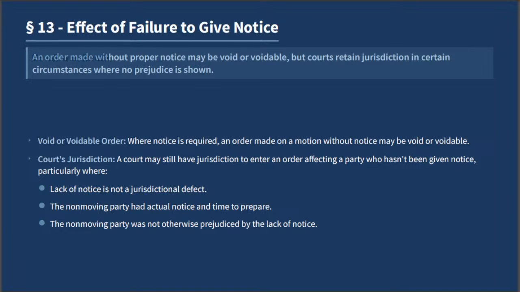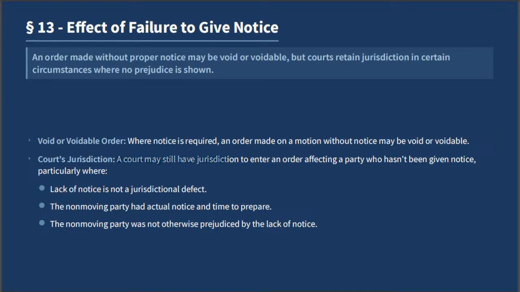An order made without proper notice may be void or voidable, but courts retain jurisdiction in certain circumstances where no prejudice is shown. Void or voidable order. Where notice is required, an order made on a motion without notice may be void or voidable. Court's jurisdiction.